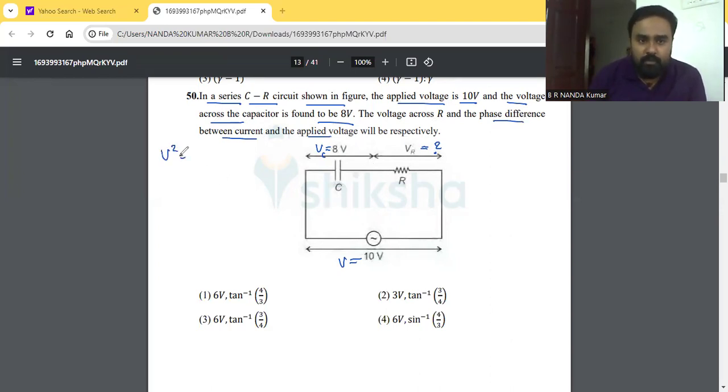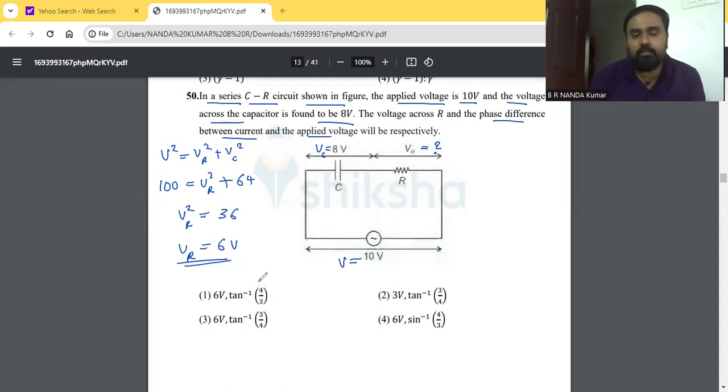The formula is V square is equal to VR square plus VC square. So we want VR here. V square is 100, so VR square is to be found, plus VC square is 64, right? 8 square is 64. So VR square is equal to 100 minus 64, which is 36. So VR is equal to 6 volt.